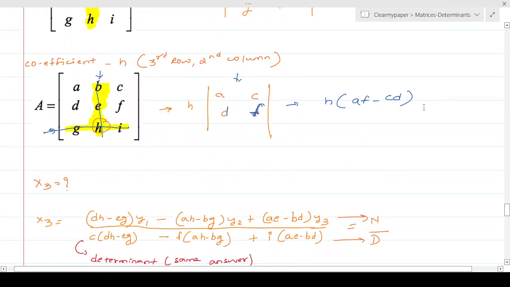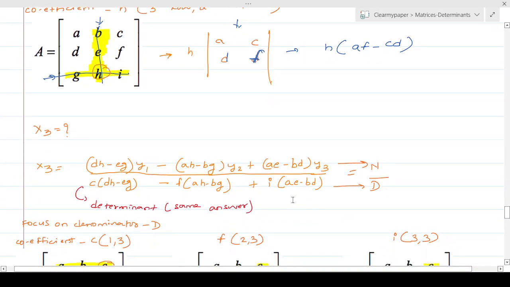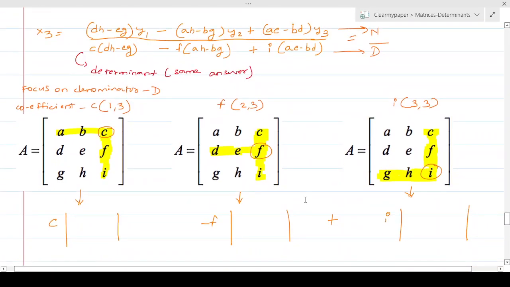And as long as you remember how to form this in the exam, you don't have to really worry about the sequence. And the same thing for X3 also. If you focus on the denominator, I put it in an adjacent fashion, so that it's another way of looking at that. So I've taken the X3 from the previous episode. I'm focusing on the denominator, and I'm going to take each of the scalars here, C, F, and I. And again, if you see, the algebraic signs are alternating.